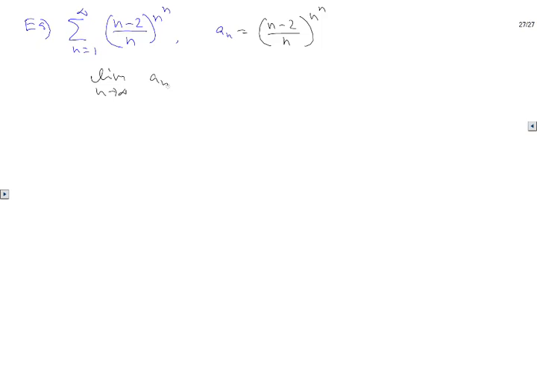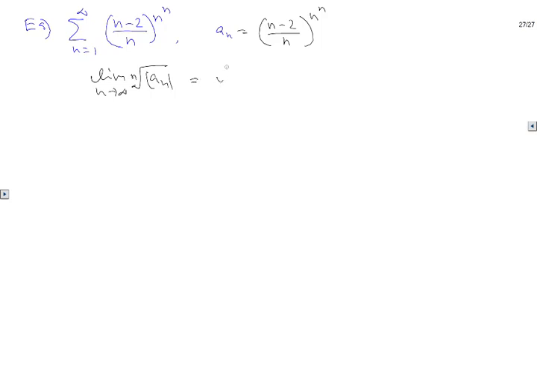How about this one, sigma n going from 1 to infinity, n minus 2 over n to the nth power. It's quite interesting. So here a_n equals n minus 2 over n to the n. Alright, so we can take the limit as n goes to infinity of the nth root of a_n.